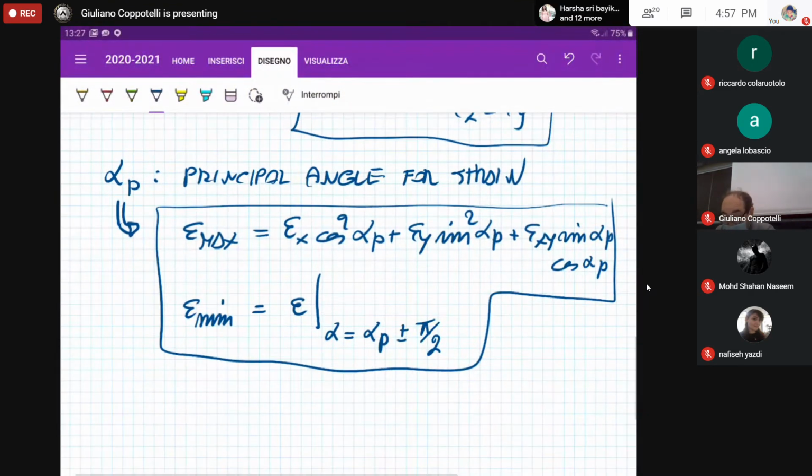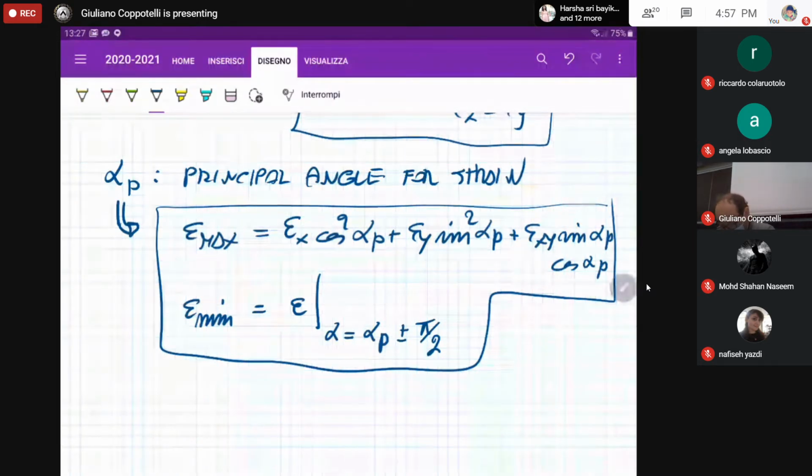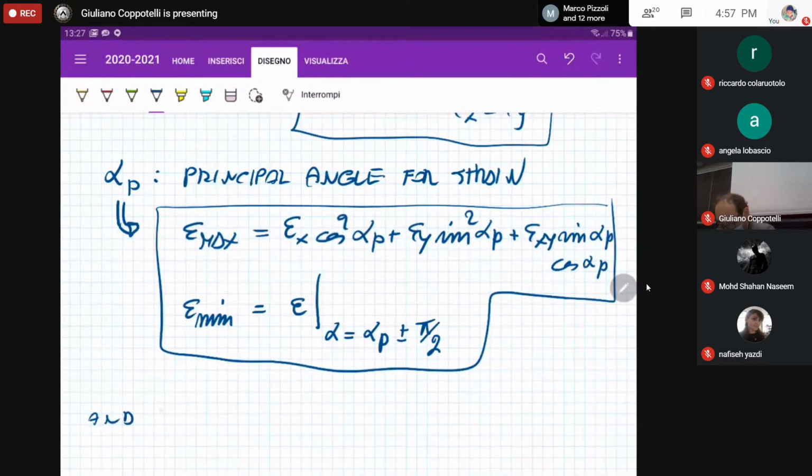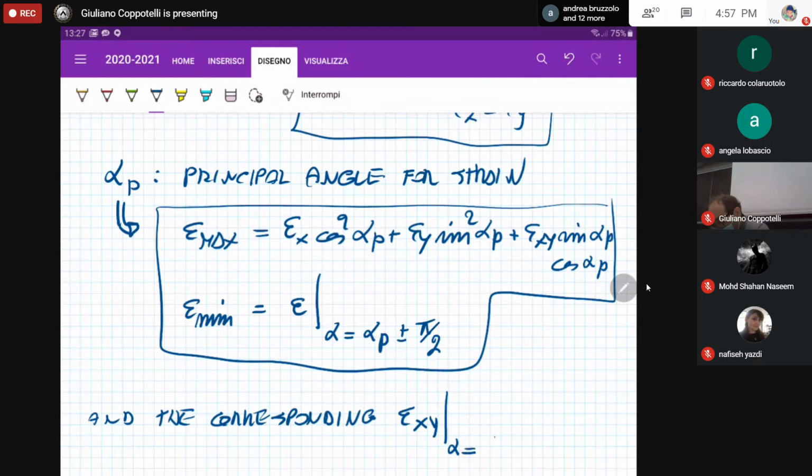So alpha p is the principal angle for the strain, and the corresponding epsilon xy when alpha is equal to alpha p is 0, no shear strain at all.